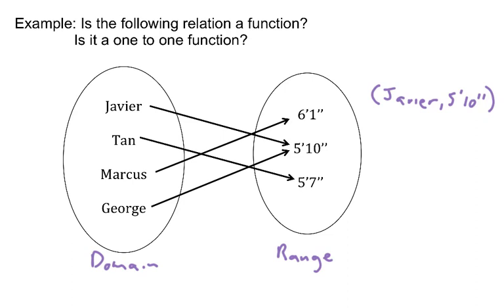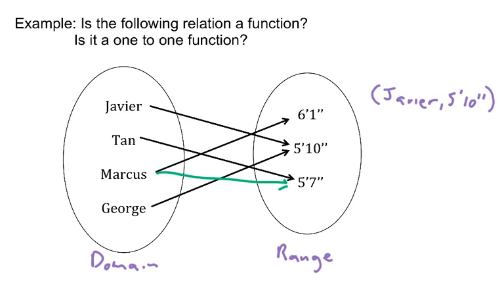Is the relation a function? I'm going to pause for just a second to see what you think, and then I'll say what I think. Is this relation a function? So I'm going to say it is a function. No 2 different ordered pairs have the same first coordinate. What would it look like if they did have the same first coordinate? Well, you would have to have an arrow maybe like this one, 2 arrows coming out of the same element from the domain, like from Marcus to 5'7".